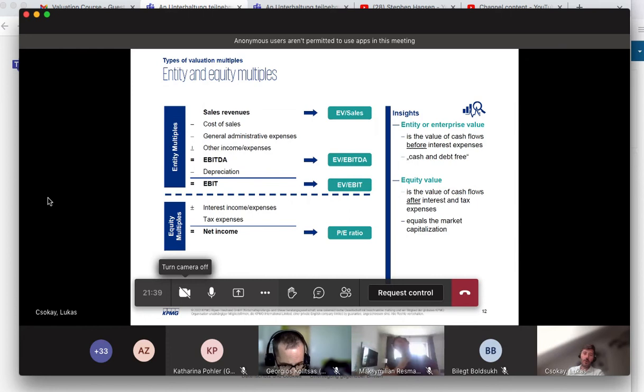And as a proxy for those cash flows you get back, you could use operating profit metrics like EBITDA and EBIT, and therefore EV/EBITDA and EV/EBIT multiples are very often used in multiple valuations. And if you then also deduct interest and taxes from your EBIT, you get net income and could calculate the PE multiple.